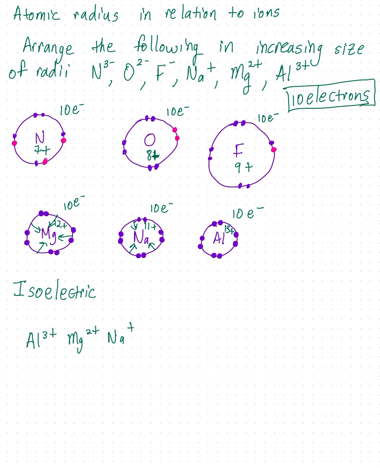And then this here is pulling in, but it's 1 electron extra, so that will be next. There's 2 extra electrons, so that will be following that. And then there are 3 extra electrons on nitrogen. So the size is dependent on the amount of protons comparatively to the amount of electrons and how much control those positive charges in the nucleus have over those external electrons.